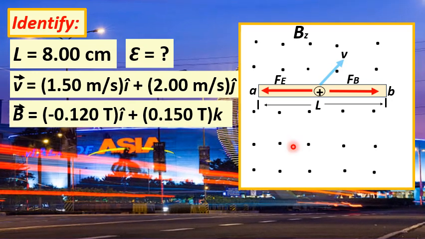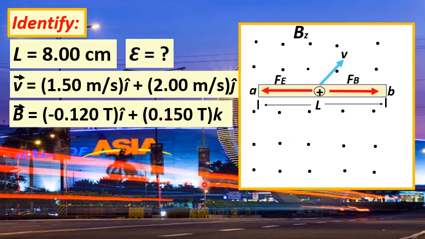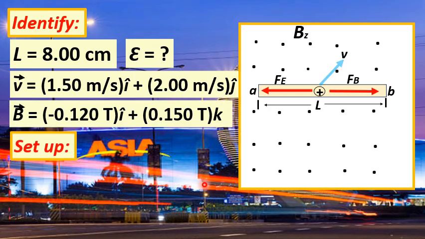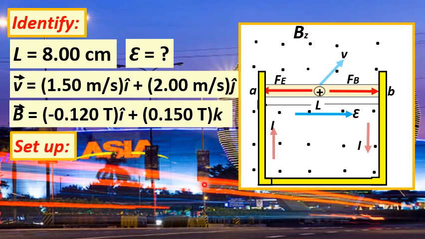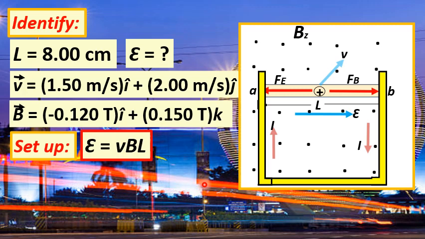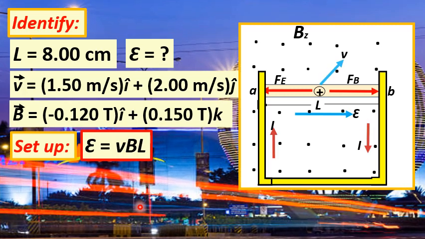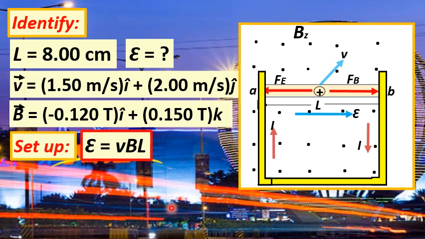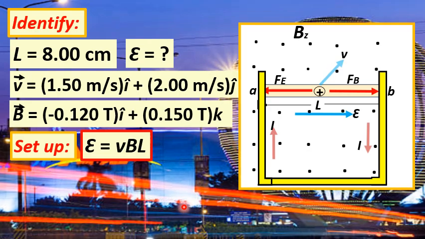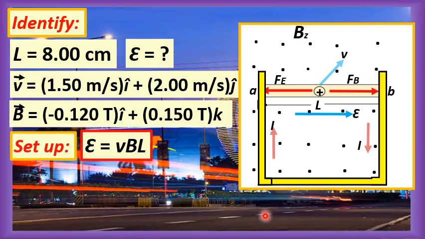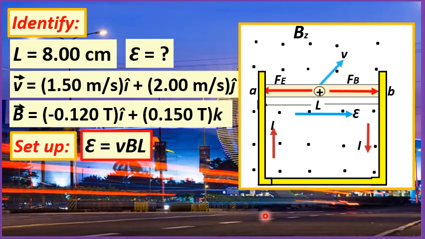So just like in problem number 1, we use the formula for motional EMF, that is epsilon equals the speed v times the magnetic field B and the length of the conducting rod.